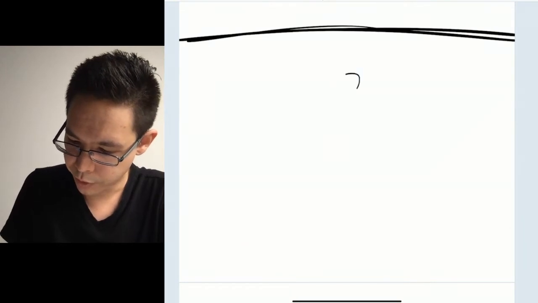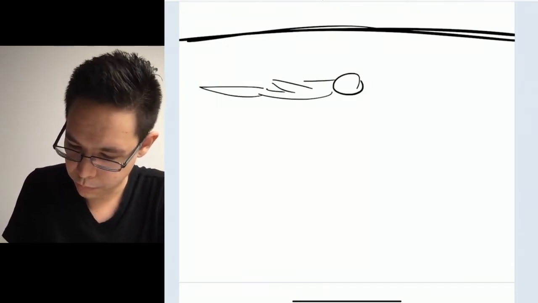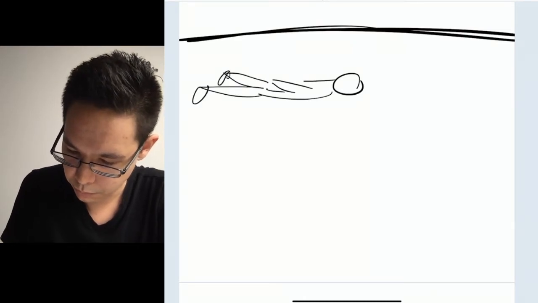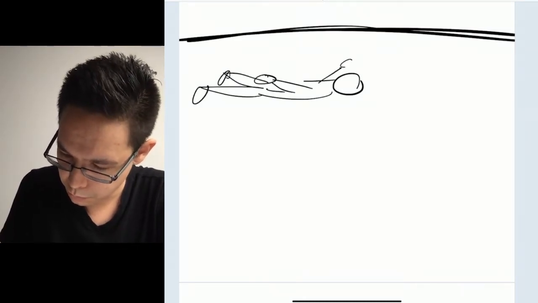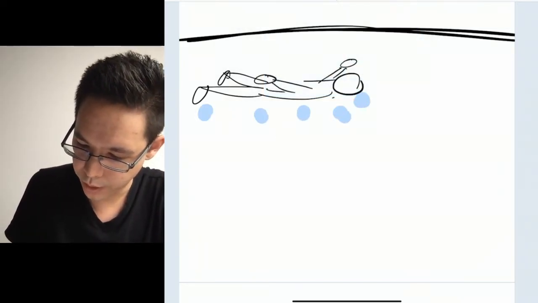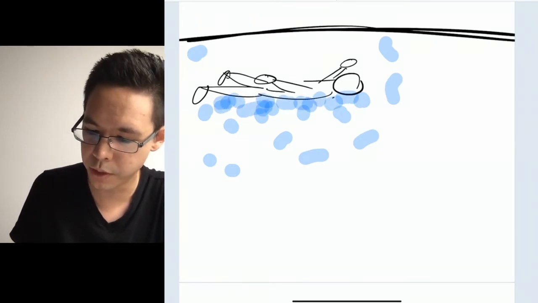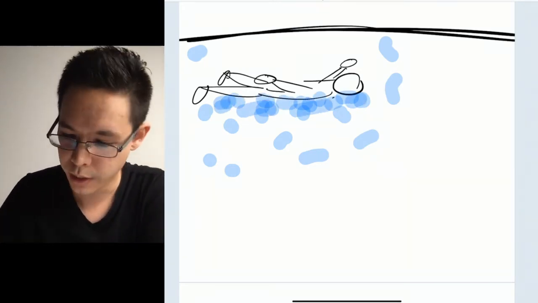So if you have a skydiver like this, okay, that means that all the air particles will be having a lot of contact around the underneath of your body.